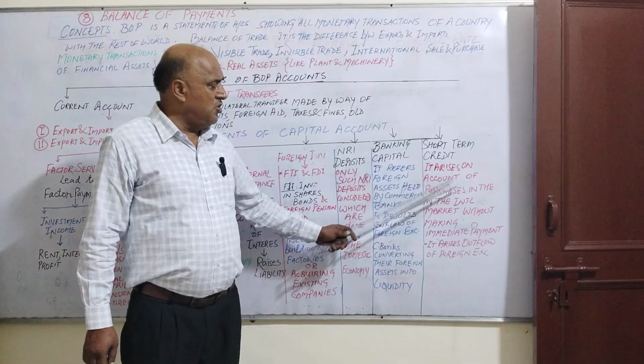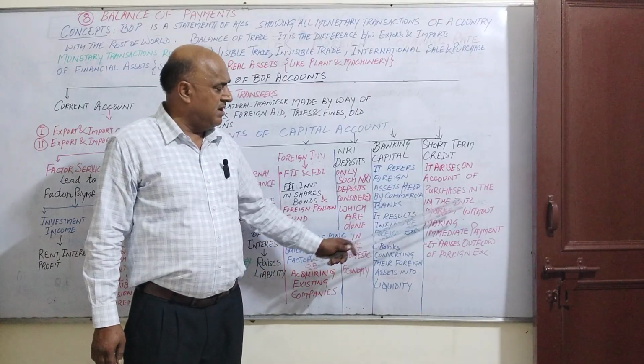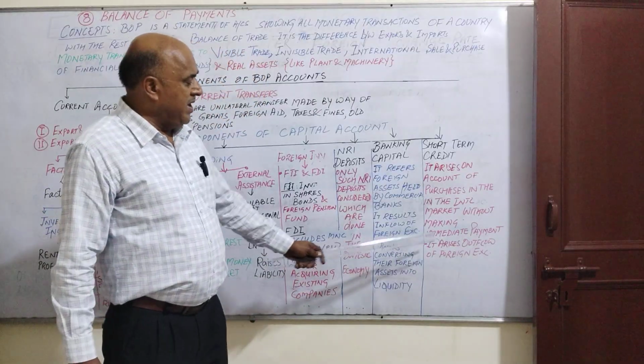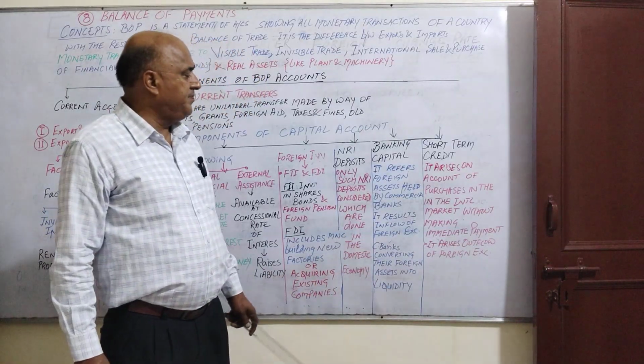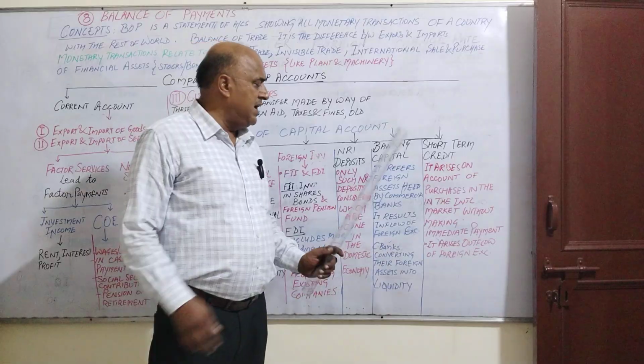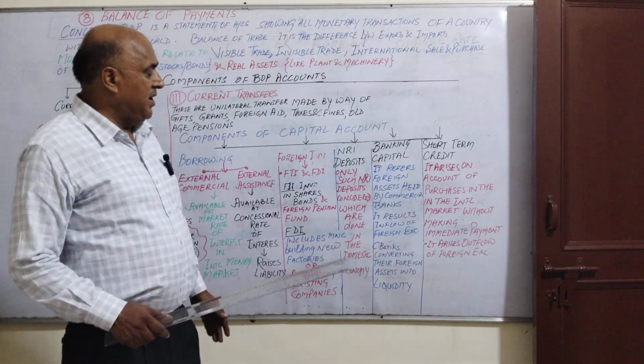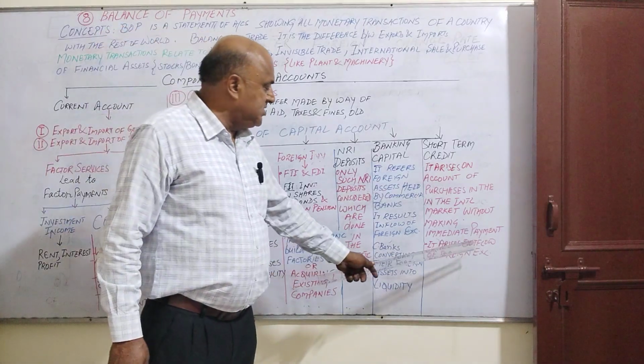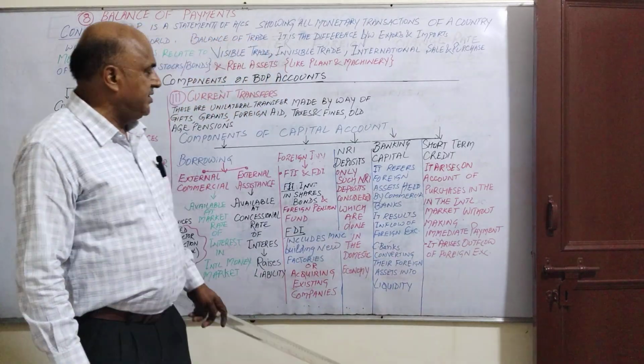It arises on account of purchasing in the international market without making immediate payment. Short-term credit means taking on credit without making payment immediately; it arises as an outflow of foreign exchange.